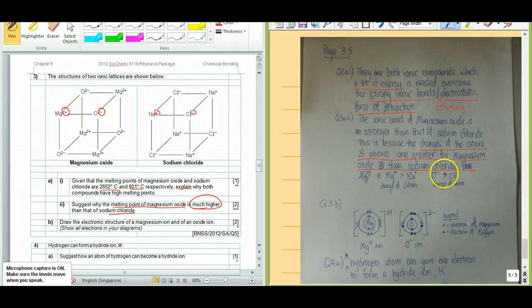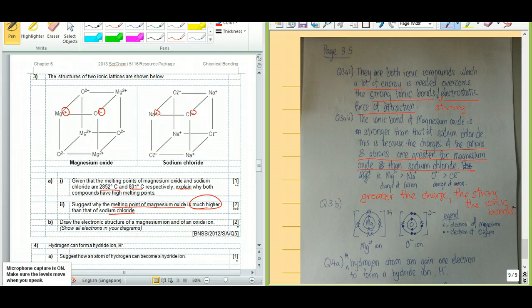Oxygen is 2 minus, but chlorine is 1 minus. So you can see this is 2 minus, 1 minus, so the charge is different. The greater the charge, the stronger the ionic bond. This is something interesting to note.